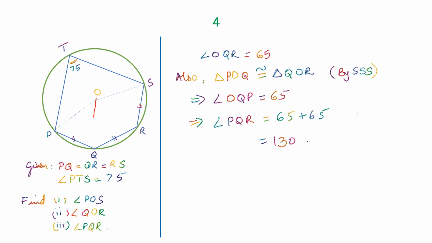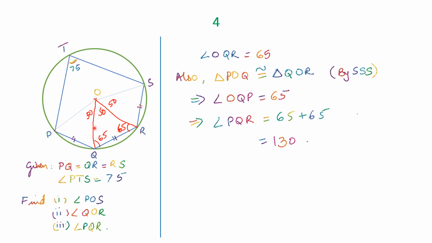So here I got 50, 50, 50, and this angle is equal to 65, this angle is equal to 65. Now, triangle POQ and triangle QOR are going to be congruent by the SSS postulate, because these three are radii and these two are equal sides.